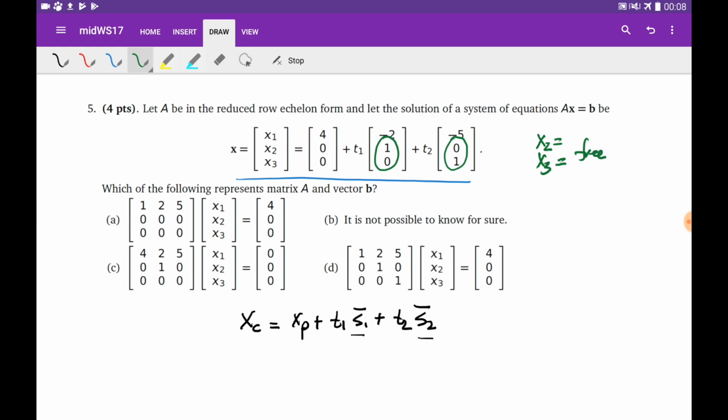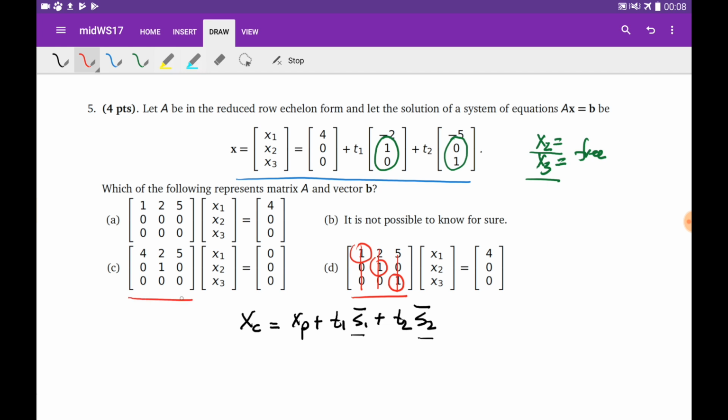So I need to look at the matrices A, C, or D, such that the reduced row echelon form of those matrices should not have a pivot in the second column and in the third column, because x2 and x3 are the free variables. If I look at this matrix, I see that all the 3 columns have pivots, so no free variables at all.